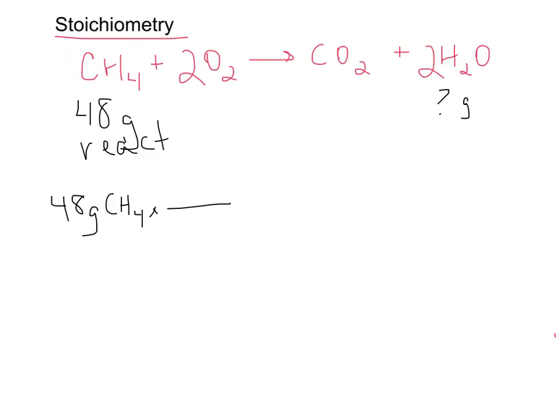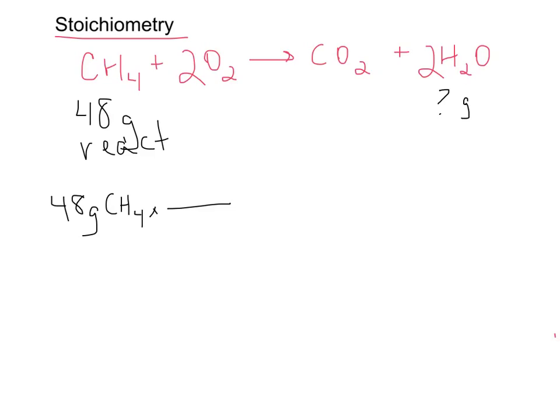So 1 mole of CH4 reacts with 2 moles of O2 to yield 1 mole of CO2 and 2 moles of H2O. We're going to use that to get from CH4 to H2O. That is the only way to convert from one species to another. A molecule of CH4 to a molecule of H2O, the only way to convert from one to the other is in moles.